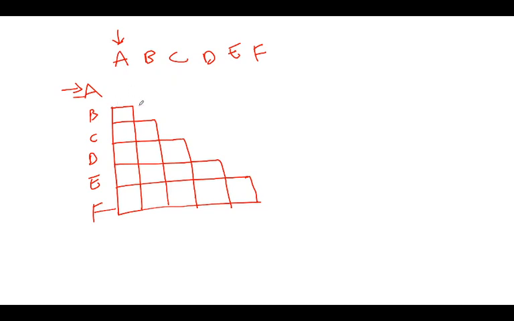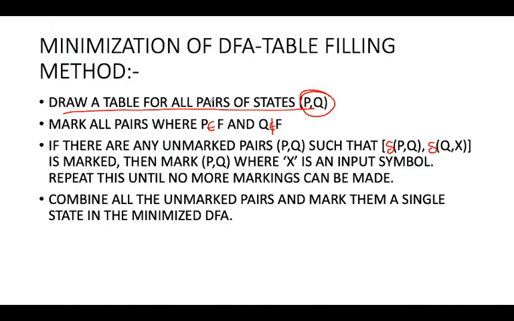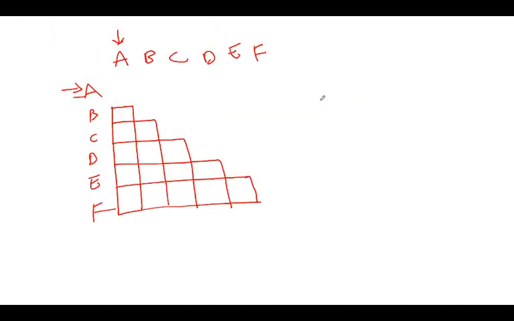You have to write the lower part, like B A, C A, C B, or A C, like that. Make sure to write the table like that. So we have done step 1: draw the table for all the pairs P, Q.